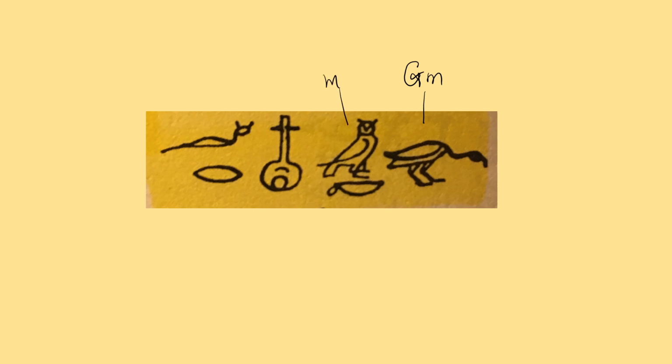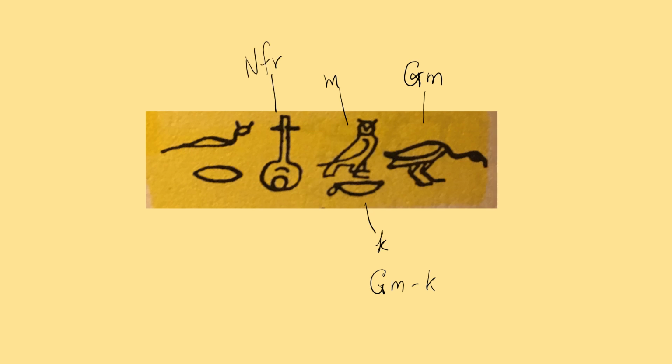The owl is transliterated with the letter M, and we, in this case, might believe that this M is what we call a phonetic complement. That is the same M that goes with the black ibis bird. The basket with the handle is transliterated with the letter K. So when we put those letters together, we get something like Gamek.